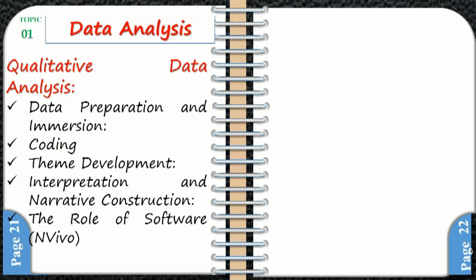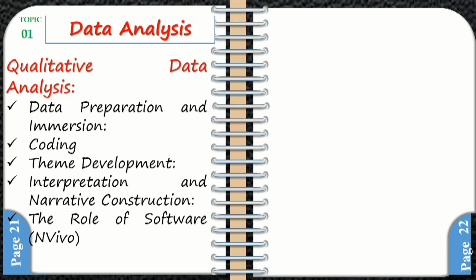So in conclusion, in this area, data collection and analysis are the twin pillars of empirical research. Collection is the disciplined act of gathering raw materials with fidelity and ethical care, while analysis is the creative and systematic alchemy of transforming that raw material into knowledge.